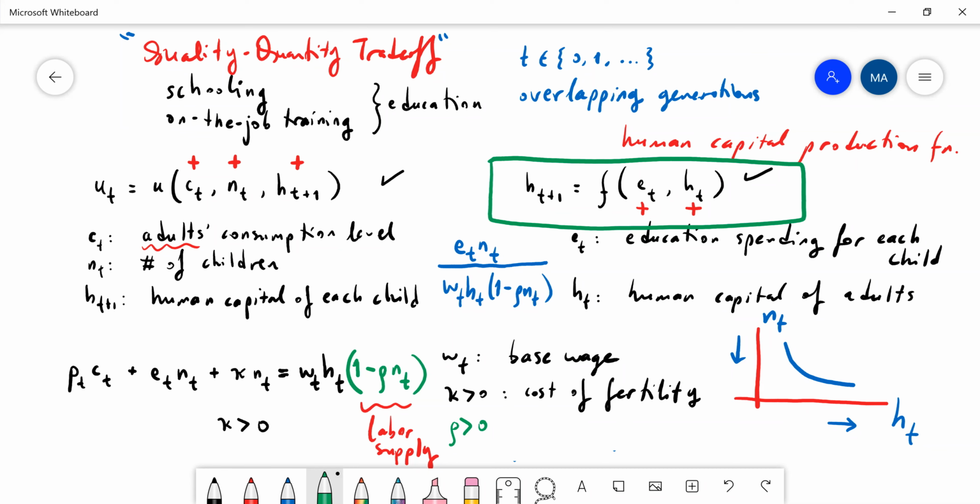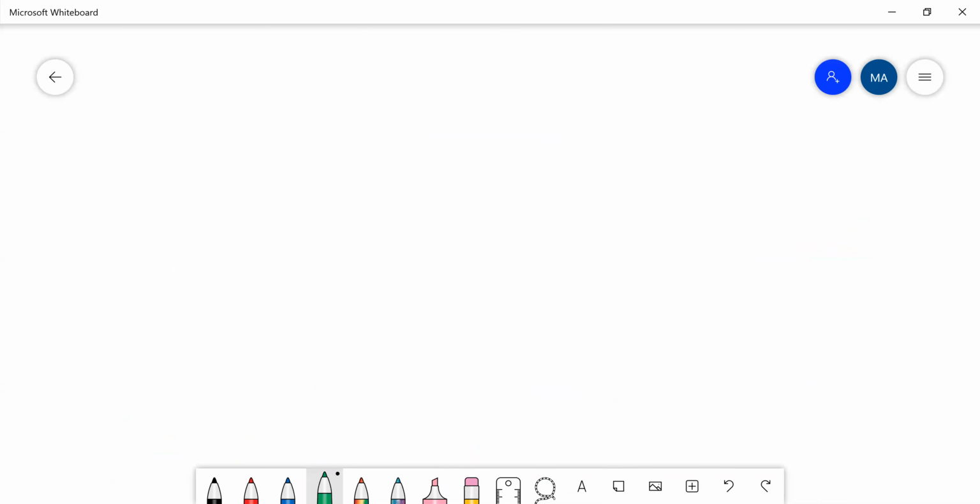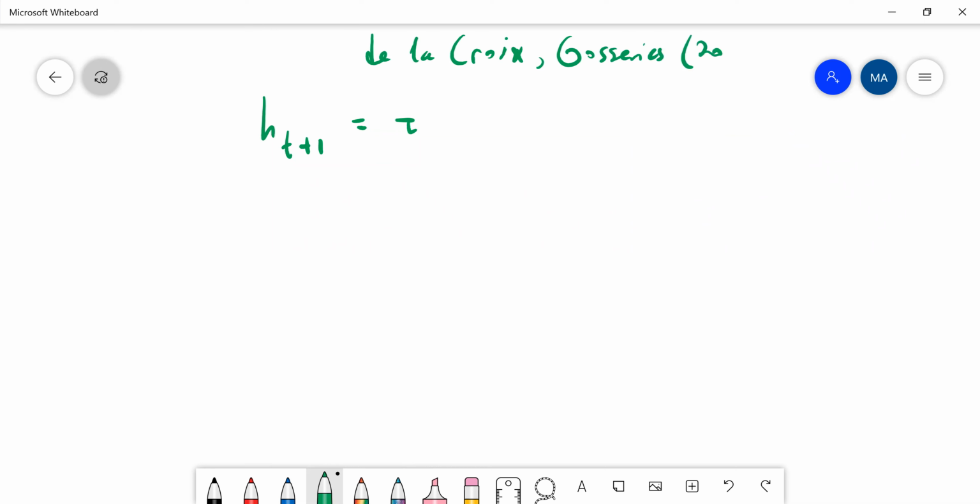Now, I want to talk more about this. One thing that I should say is this. This is from Delacroix and Gosserias paper, 2012. In that paper, these authors work with a very simple version of this technology.